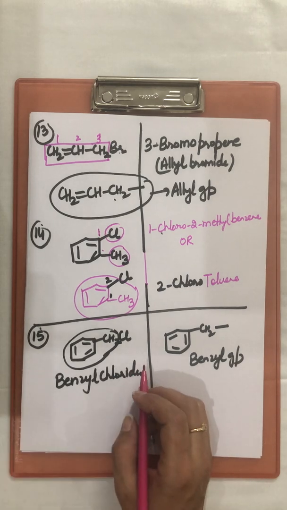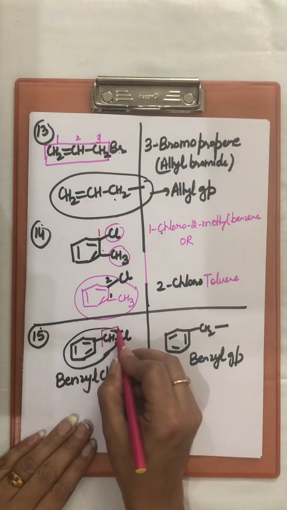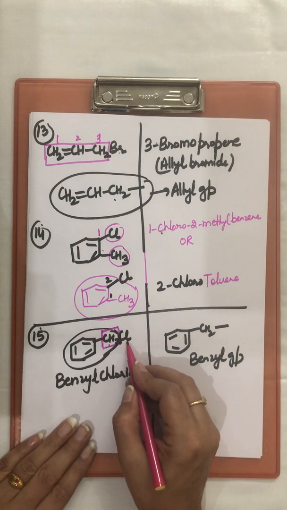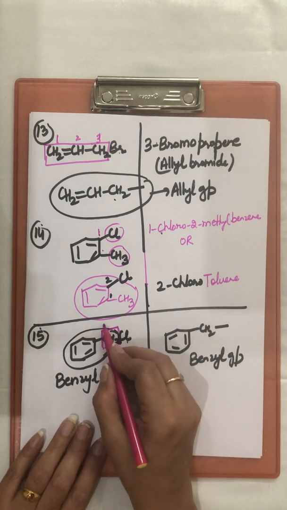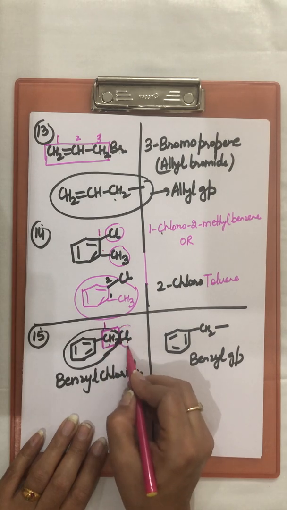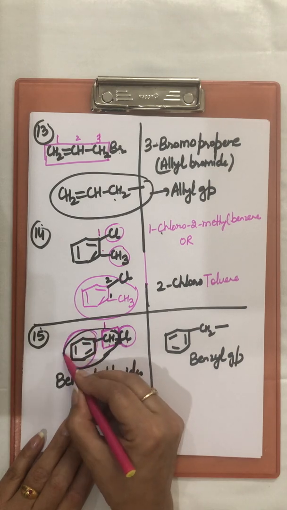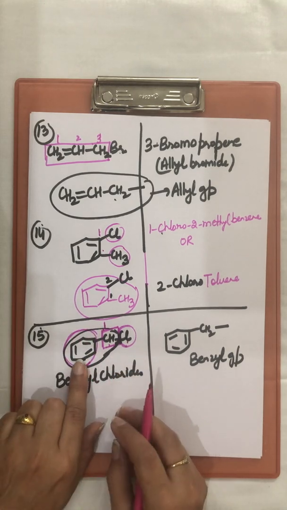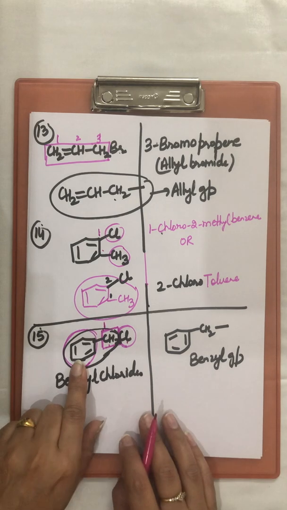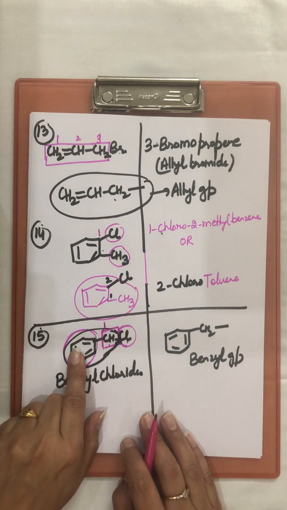In IUPAC nomenclature we can also write the name of this compound as follows. This is the parent chain here, because the substituents are linked with this. So this is the main part, only one carbon atom. With this carbon, one substituent attached is Cl. Another substituent is phenyl. When one hydrogen is removed from benzene, that is called a phenyl group. So with this carbon, the substituents chloro and phenyl are linked.